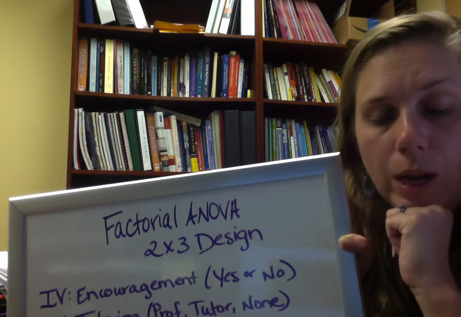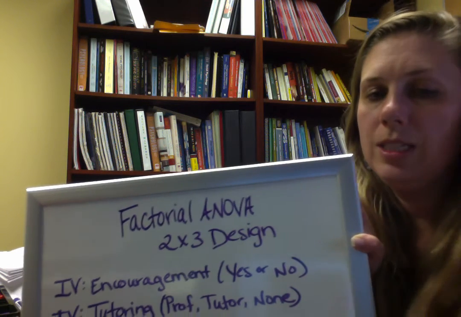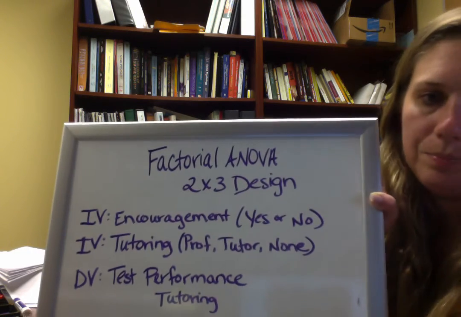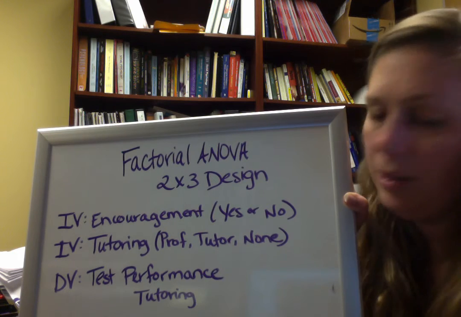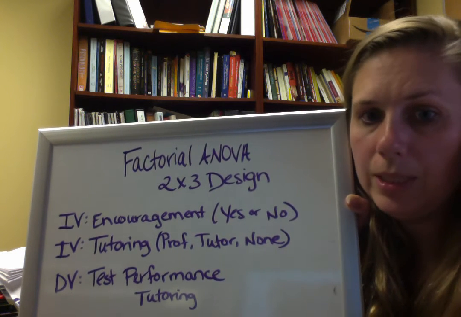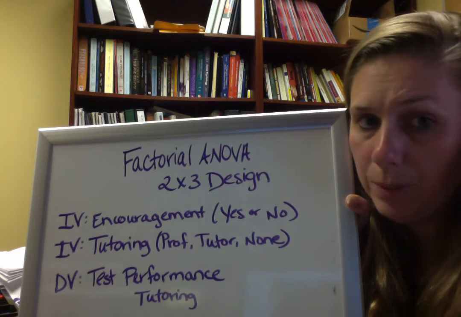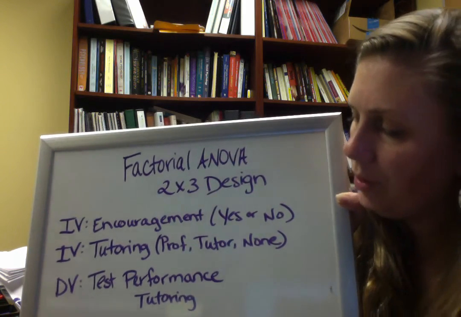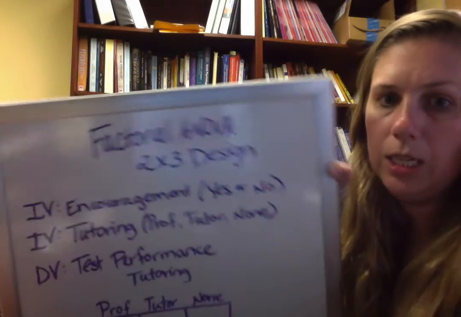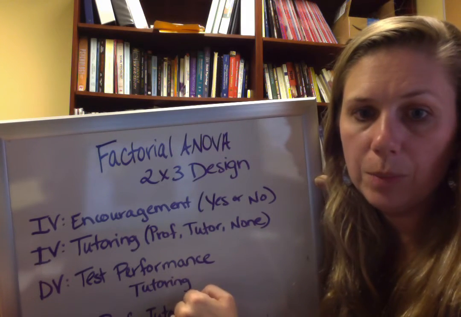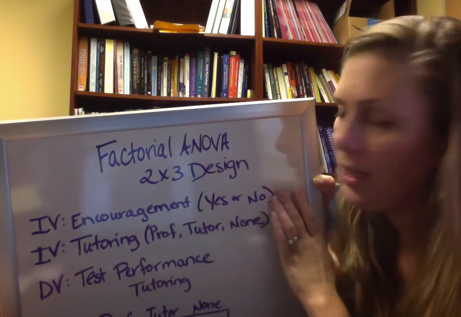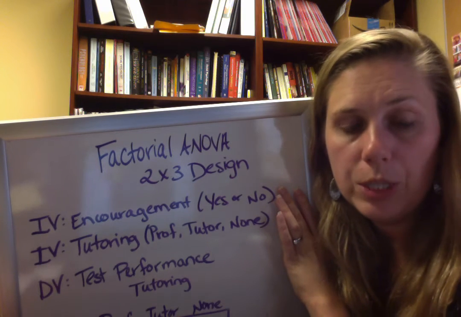Okay, so let me introduce you to this design that I'm going to be using. I decided to come up with a couple of things that I thought might be related to test performance. Test performance is our dependent variable, and that's what all the numbers that you see are going to represent.